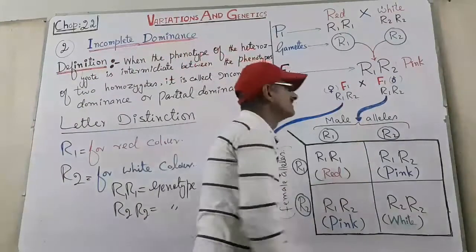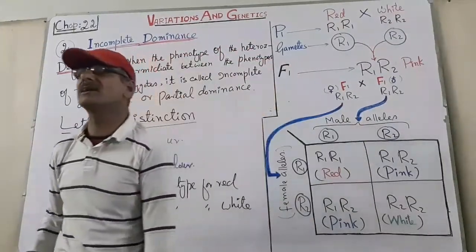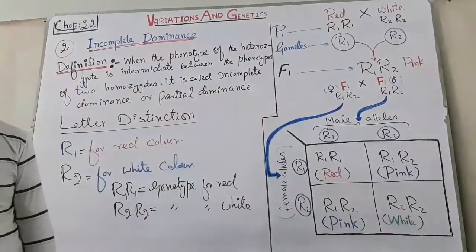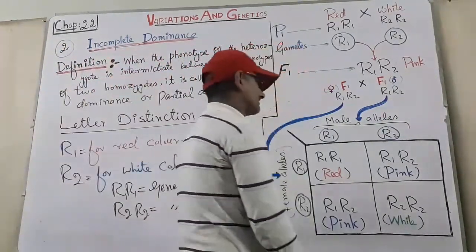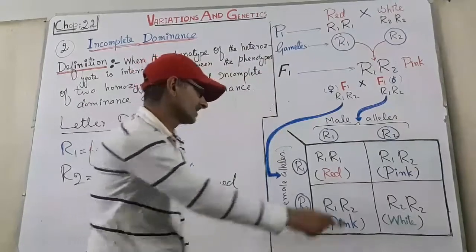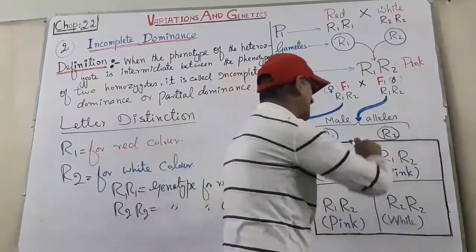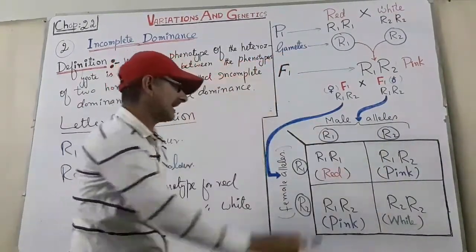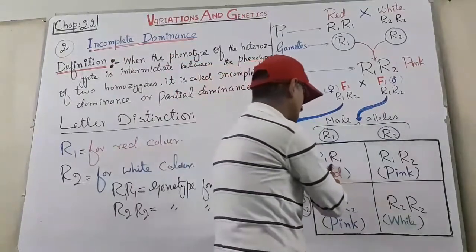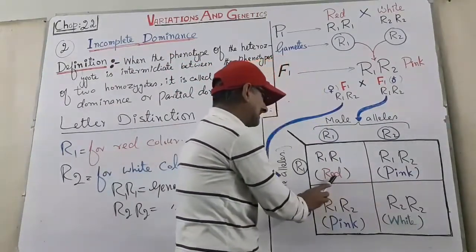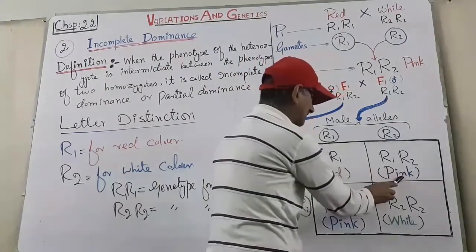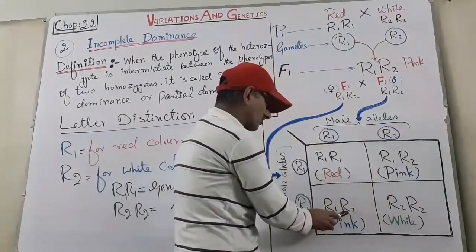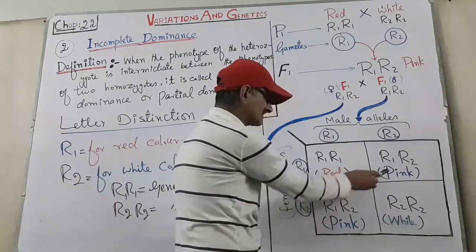But when he self-fertilized the F1 offspring, he got three types of genotypes: R1 R1, which are red flowered plants, R1 R2, pink flowered plants, and R2 R2, white flowered plants.